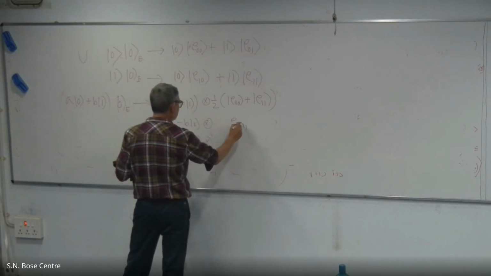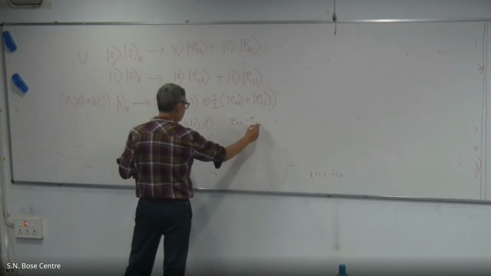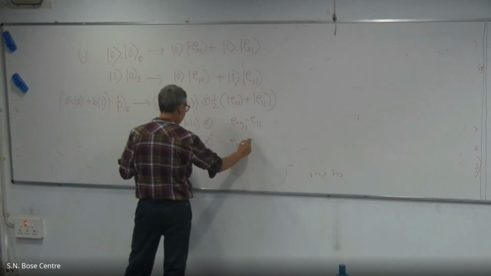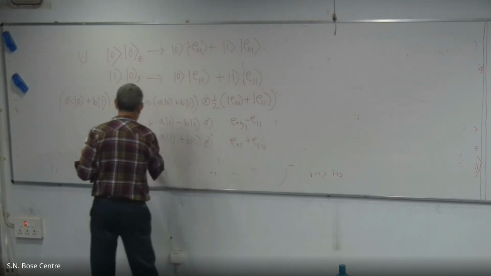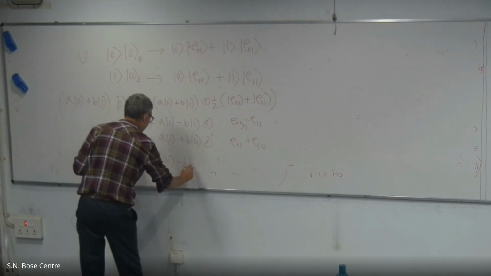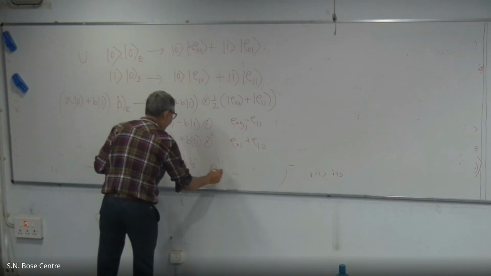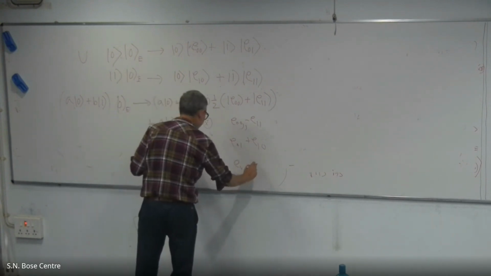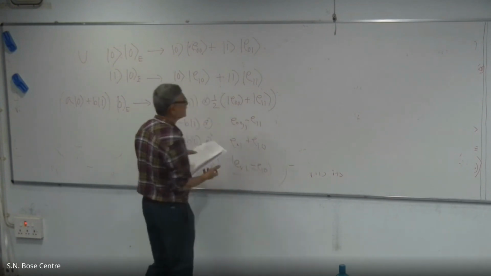It is now E00 minus E11. Similarly, this will be E01 plus E10, and 0, 1 minus 0. You do this calculation also.